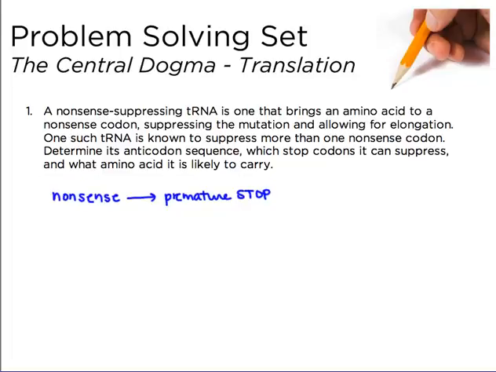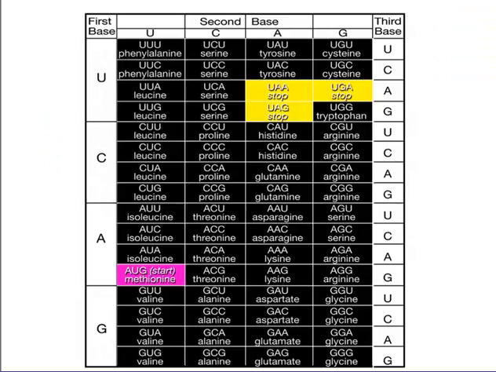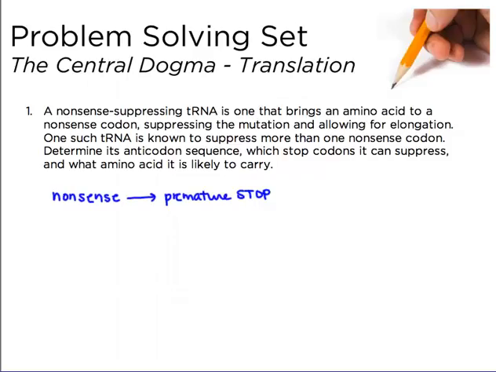So the stop codons that we know of are the three regular stop codons: UAA, UAG, or UGA. So that's the first piece of theory.